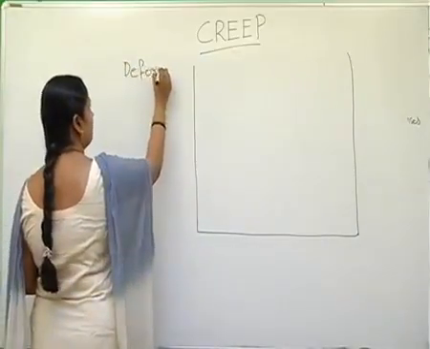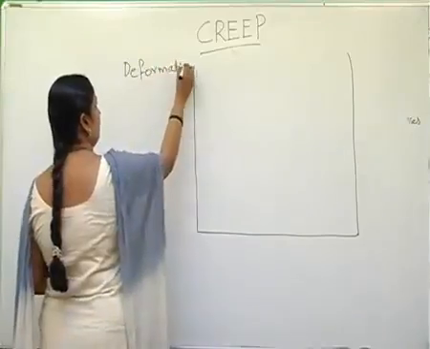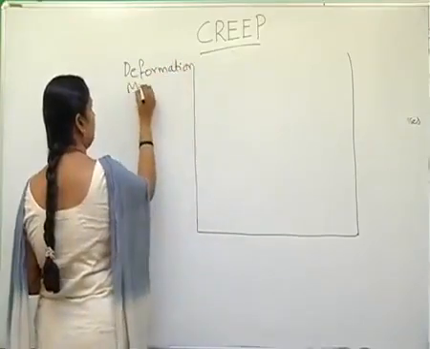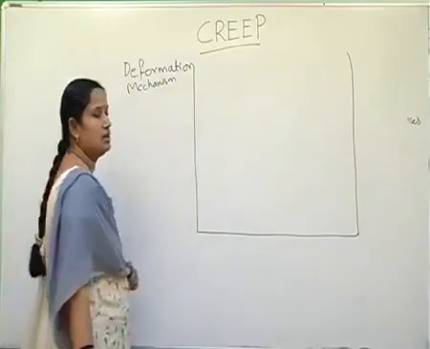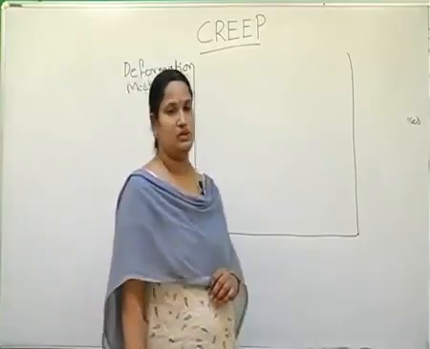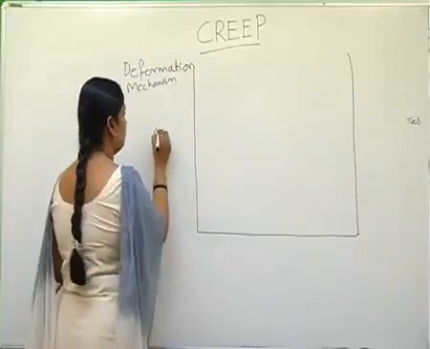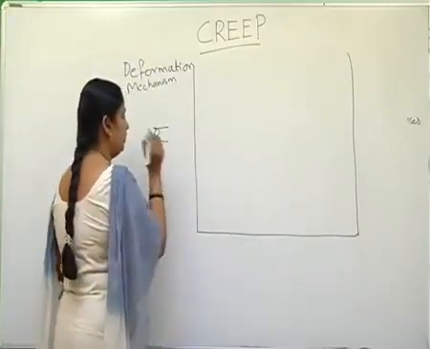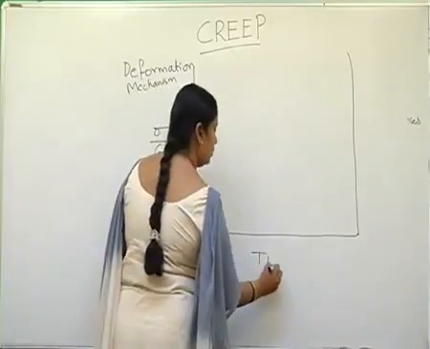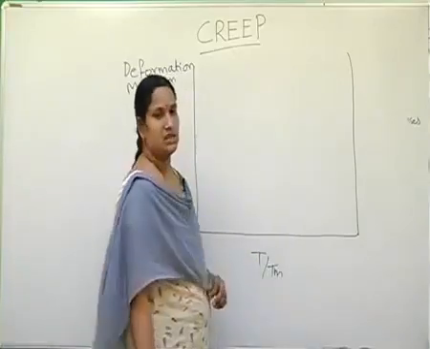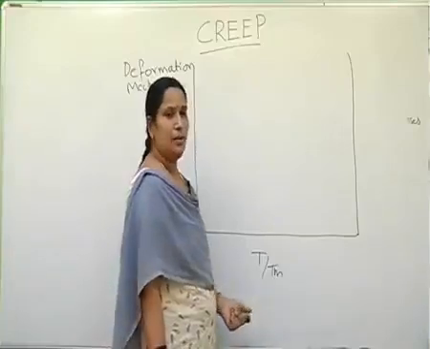So these are the deformation mechanism maps. These are plots of stress versus temperature. Stress is normalized by the modulus, and temperature is the homologous temperature, which is the ratio of test temperature to the melting point.